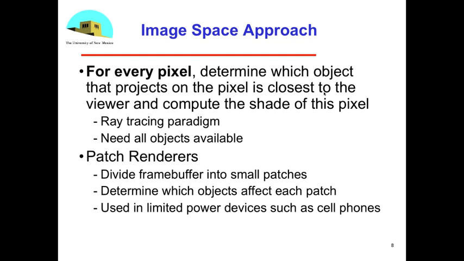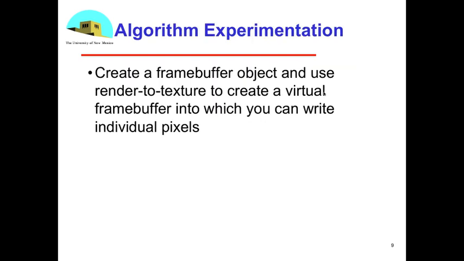Now, one thing I do want to mention as finishing this is that it ties us back to when we were talking about what we can do within the frame buffer, fragment processing and render to texture. It's really easy and informative, and a project you might want to tackle, to investigate some algorithms by creating a virtual frame buffer, which is a texture that you can write into.